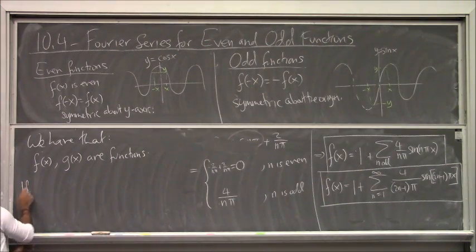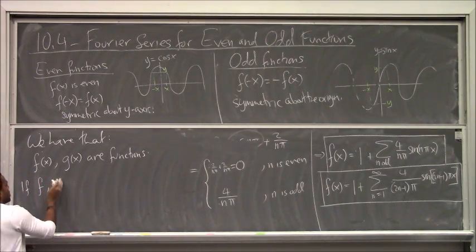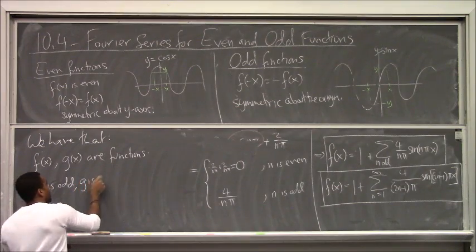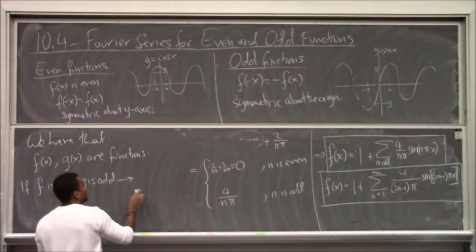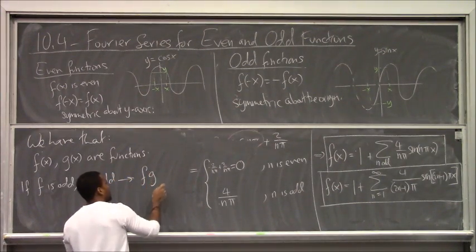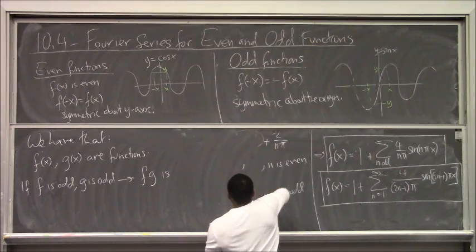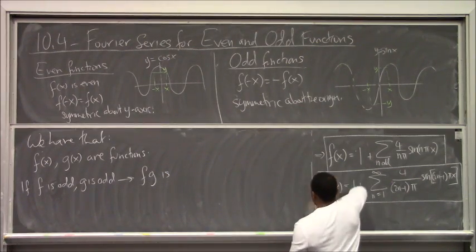Then, if f is odd and g is odd, what does that tell you about their product, fg? If I have two odd functions and I multiply them together, what happens to the product?